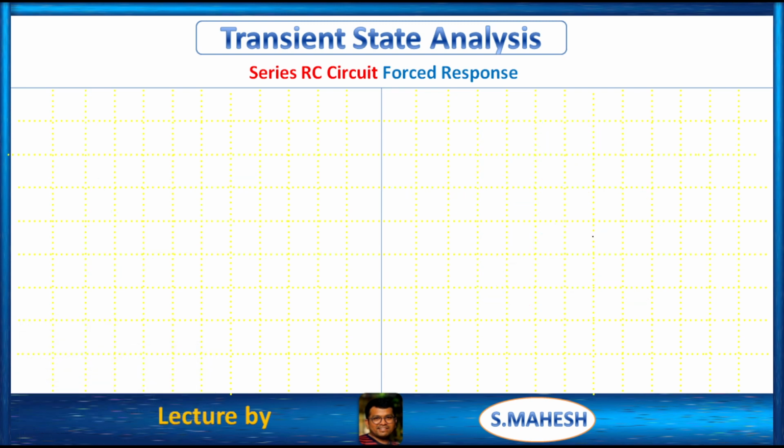Simple. If you know the concept of the series RL circuit, then you will get the concept of the series RC circuit, for any response, whether it is forced response, natural response, whatever it may be.